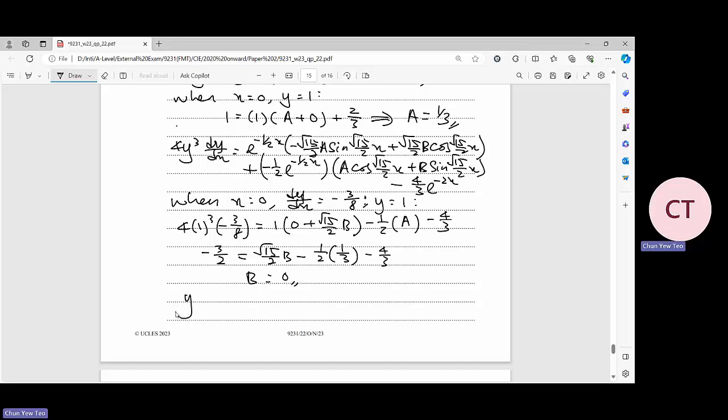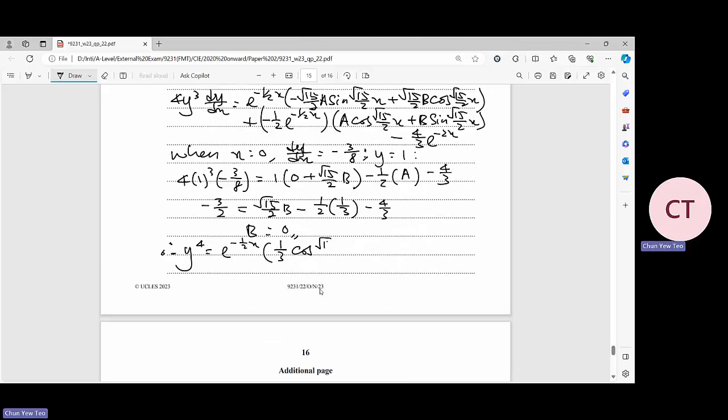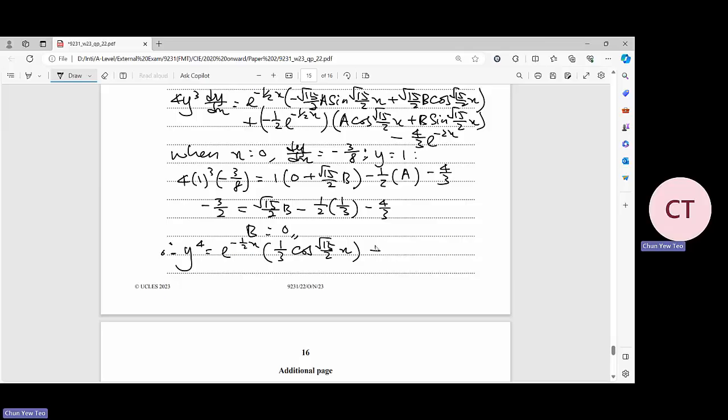So now, finally, your y^4 is equal to e^(-x/2), a is 1 over 3, times cos(√15/2 x), then plus 2 over 3.